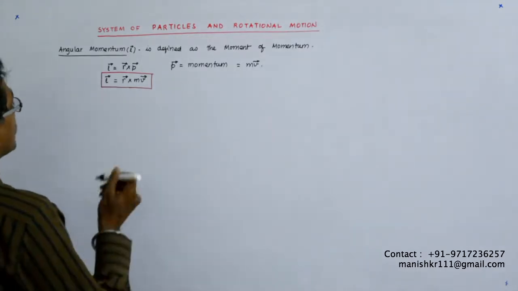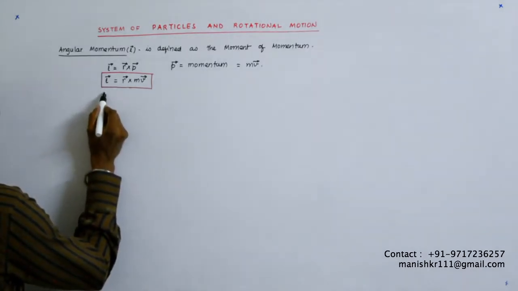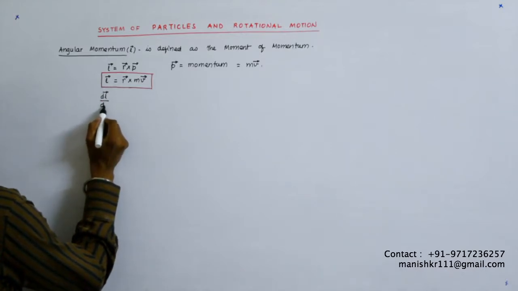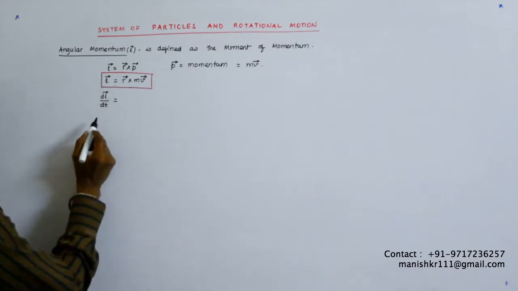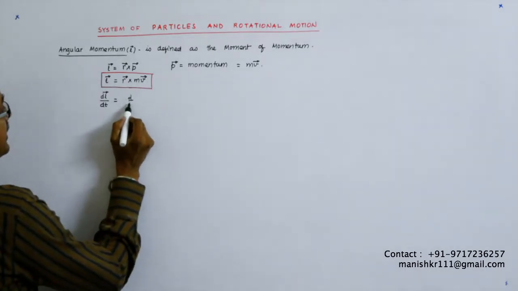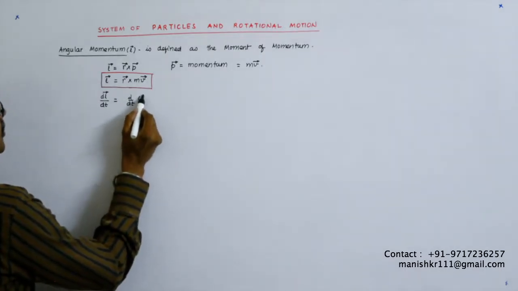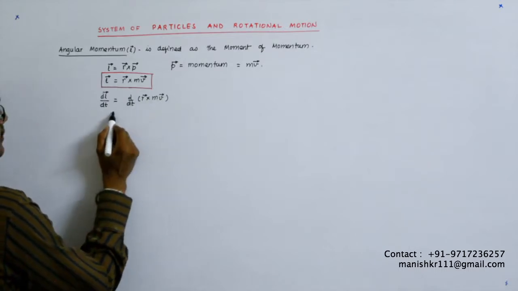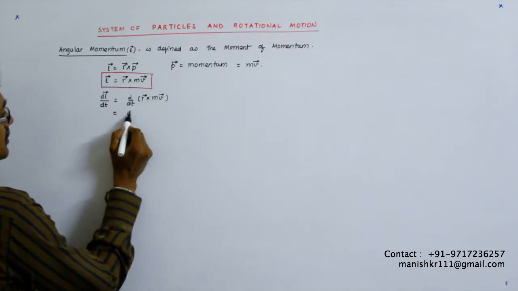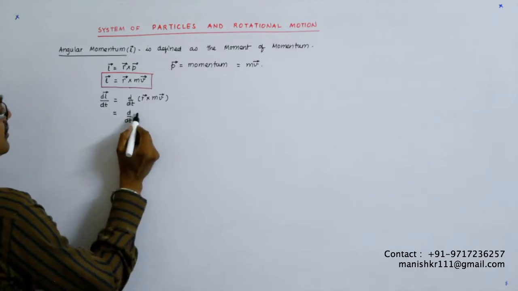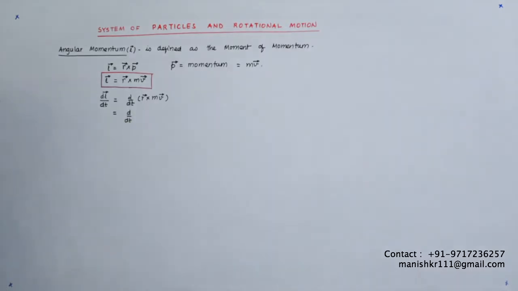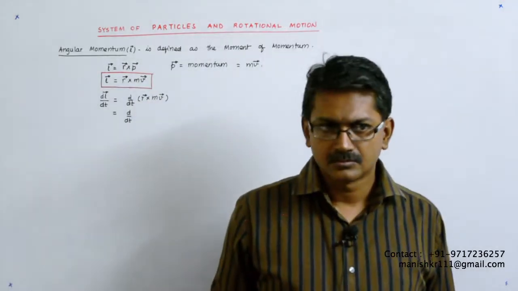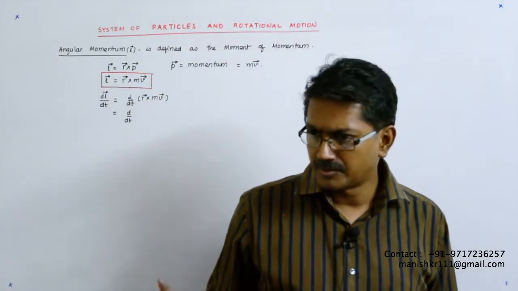Hold on. So let us try to find out this dL by dt is equal to d/dt of r cross mv. Now what is that equal to? This is the product rule of differentiation. You know differentiation, you know the product rule.